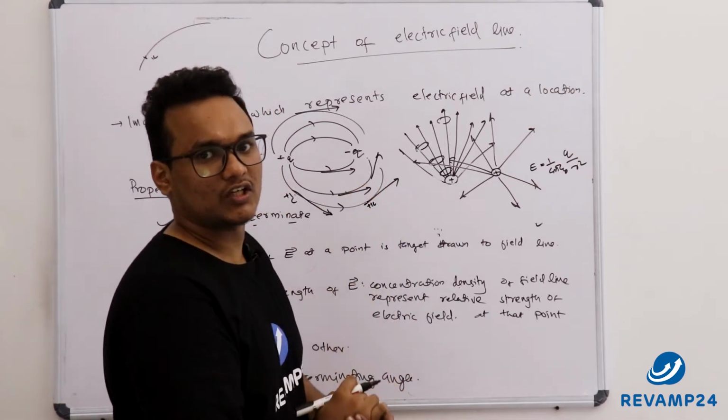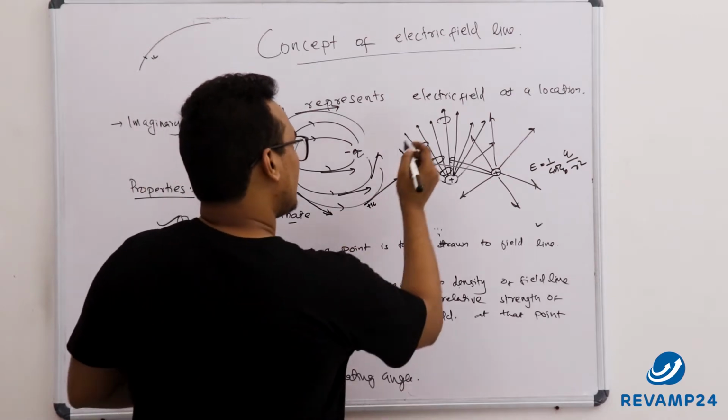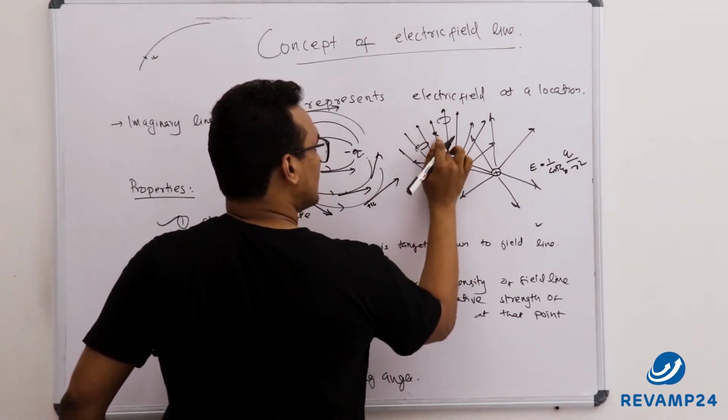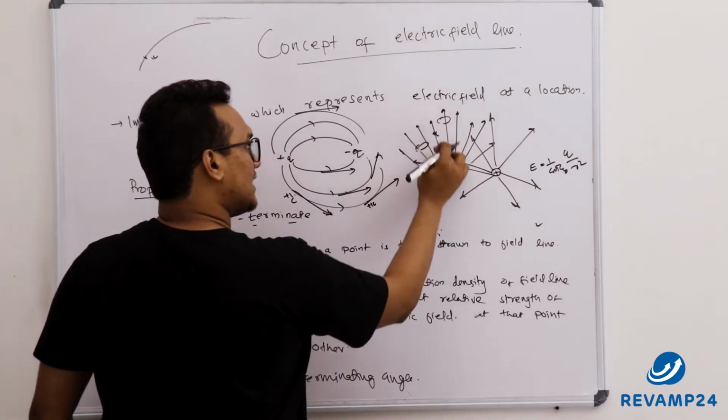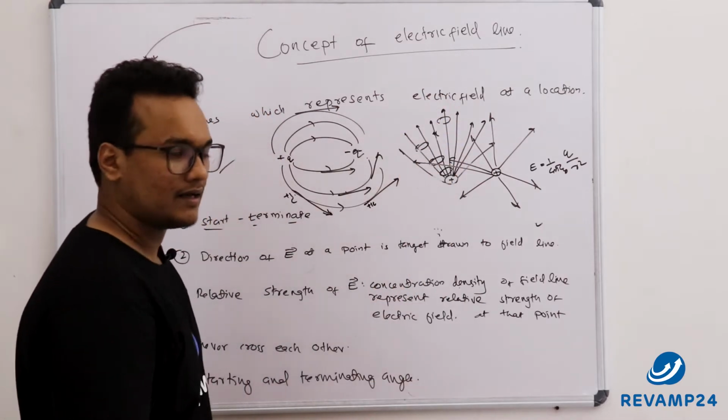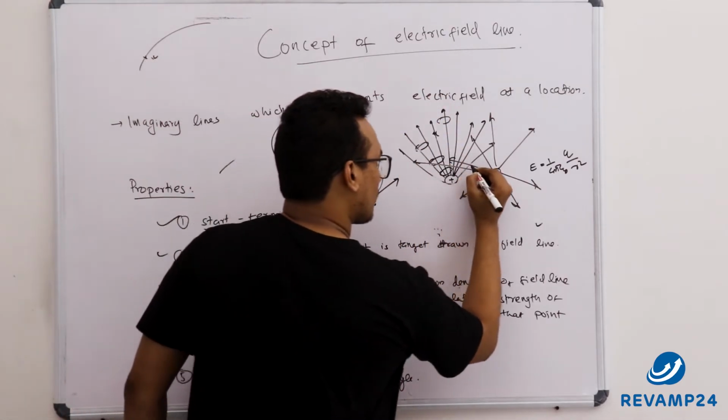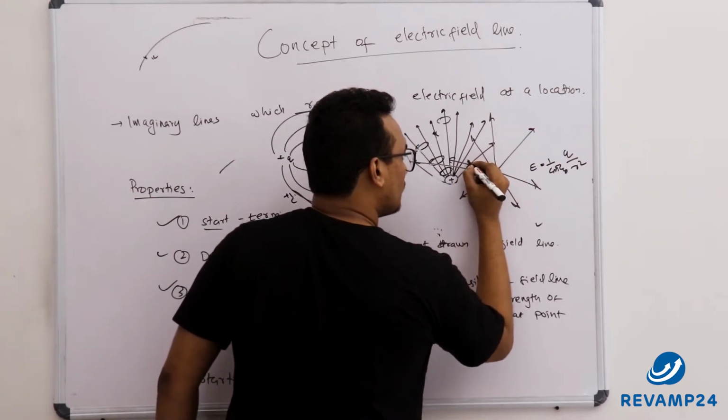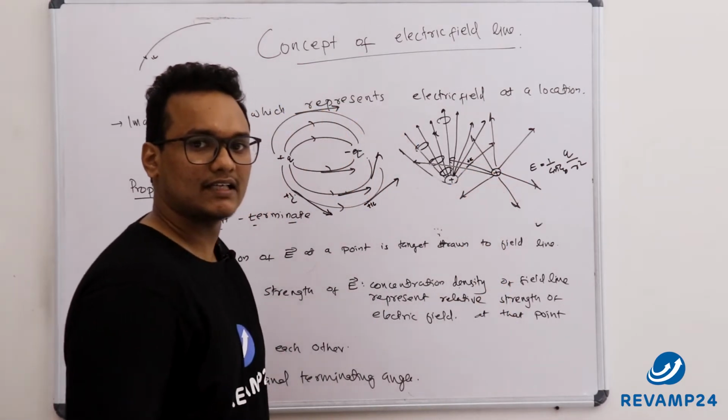That will be the direction of movement of 1 coulomb. So here if I am keeping 1 coulomb, in this direction it will be moving, because the tangent is along the same direction, right? But if they are crossing, then if I am keeping 1 coulomb here, in which direction will it move?